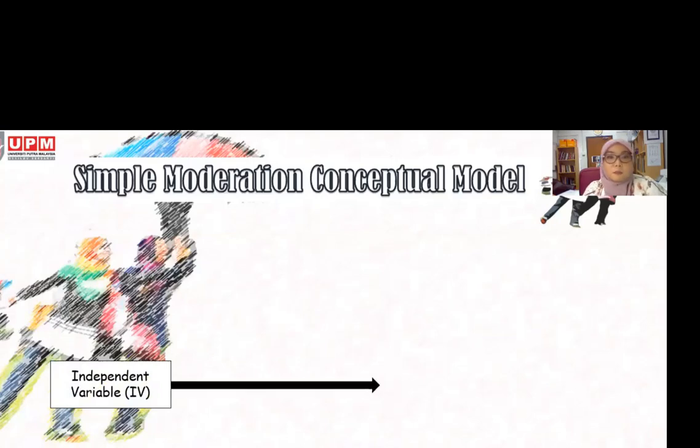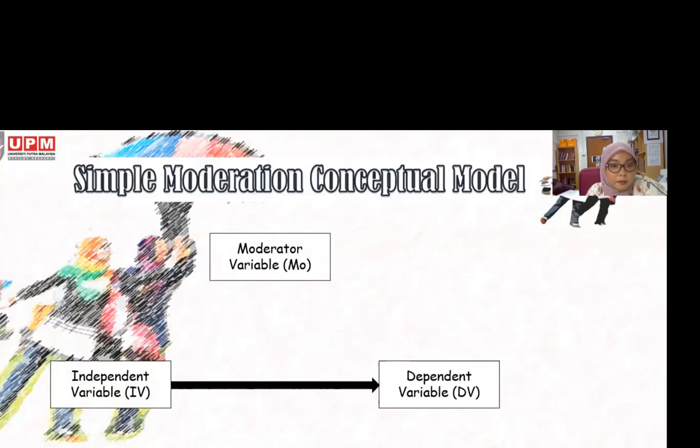Okay, so the simple moderation conceptual model. This is the conceptual model of a simple moderation effect. We have the independent variable and the dependent variable, and in terms of the arrow, this is where our moderator is located. It differs. That's why we call it the interaction effect or the intervening effect, because the moderator interjects the relationship.